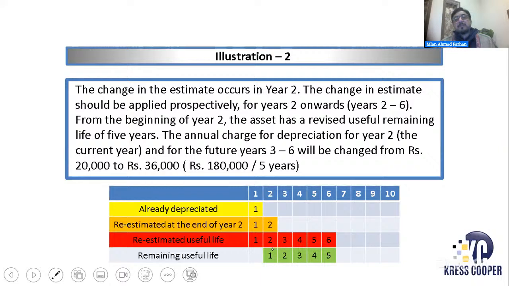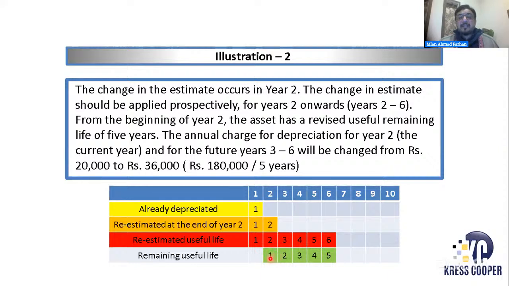Mostly what happens is that if the depreciation life is being changed, supposedly after 1 year, and it's saying that its remaining life is 4 years, 1, 2, 3, 4, 5 years, supposedly. Okay. So we erroneously divide it by 5.